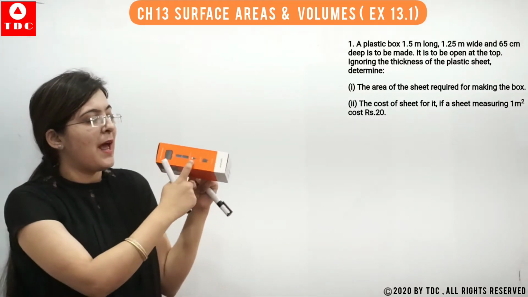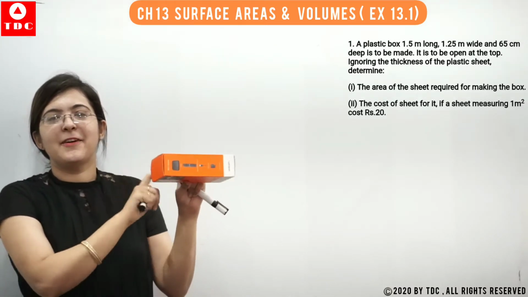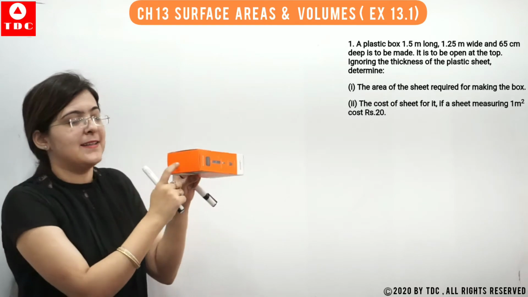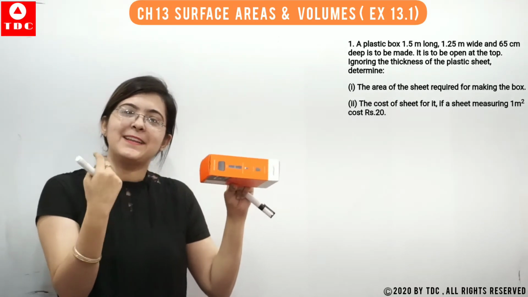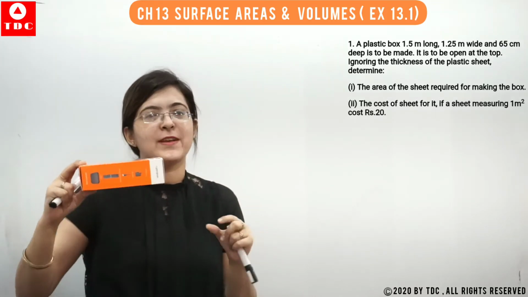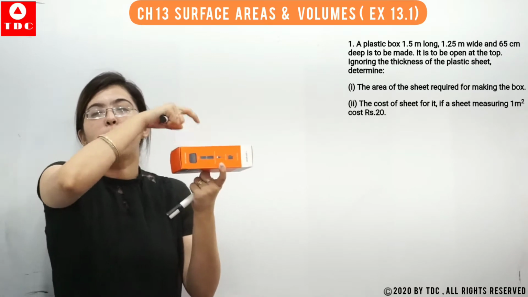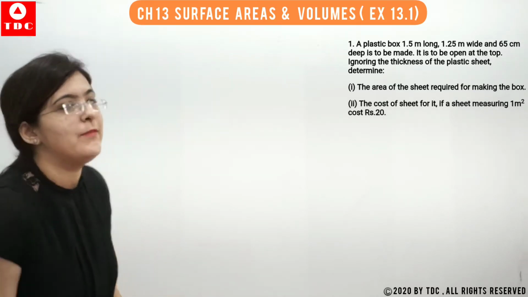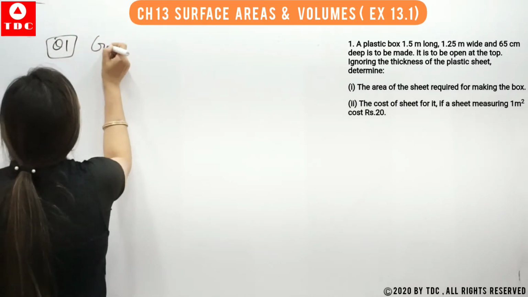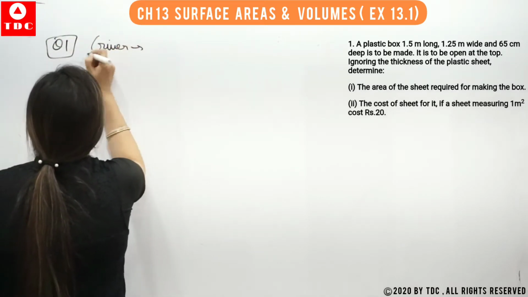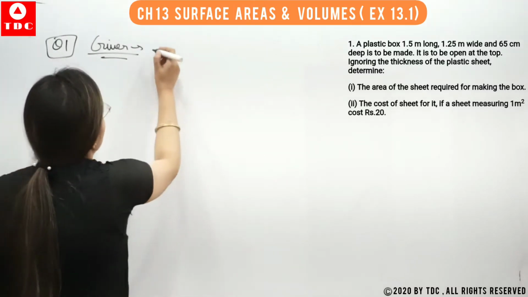And this will have the formula length into height, the front and the back. And the side ones will have height into breadth. Like this we have our total 6 faces. But here in the question we have to keep the top open. So how to solve this, first write given. What are the things given?